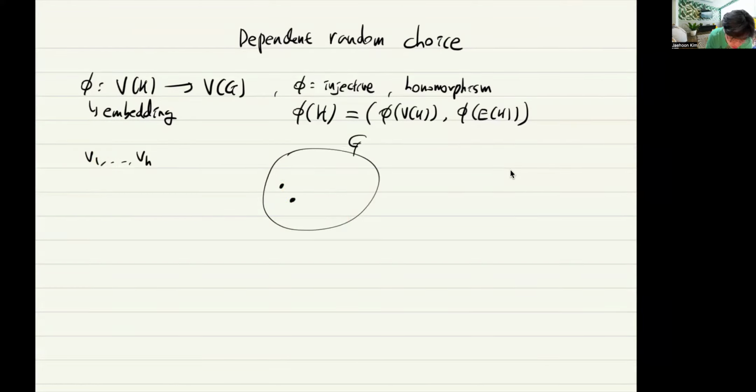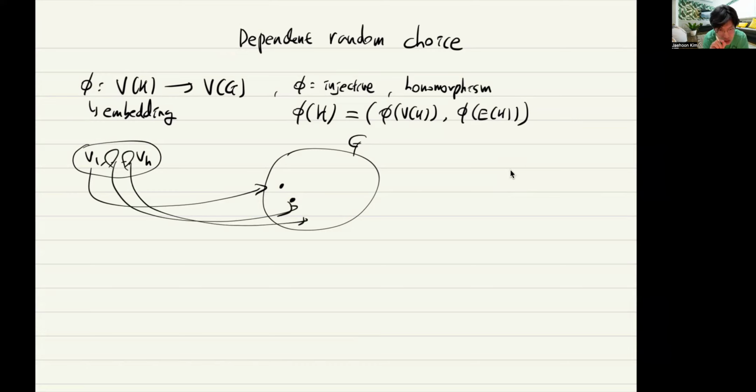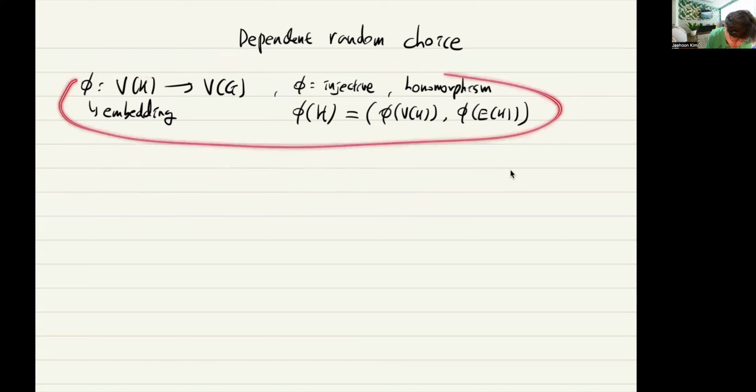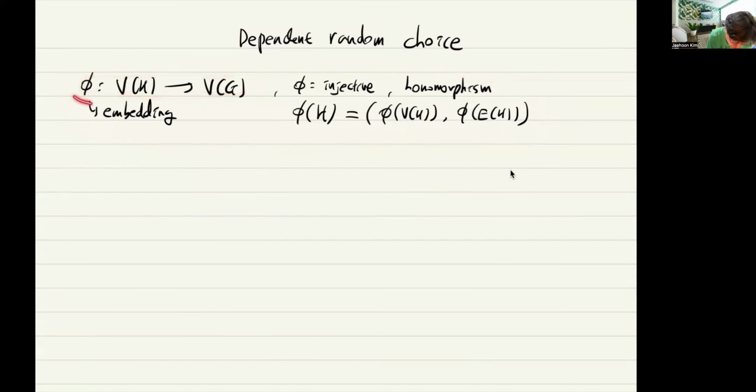You can imagine you are embedding one vertex here, and then the next vertex here, and the next vertex here. So you can think of this as extending your partial embedding into a bigger partial embedding, and eventually to an embedding. That gives us partial motivation to consider this as a graph embedding problem, where you want to find this embedding.